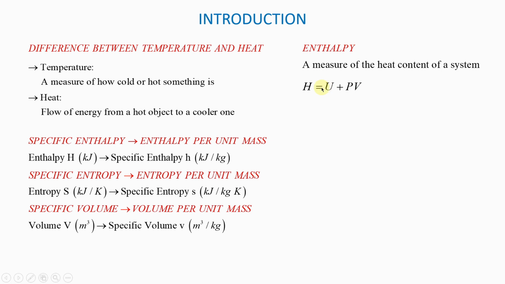U is the internal energy, P is the pressure and V is the volume. If you add to the internal energy the product of the pressure and the volume, what you will get is enthalpy. Very important. This is the equation we use to calculate enthalpy.